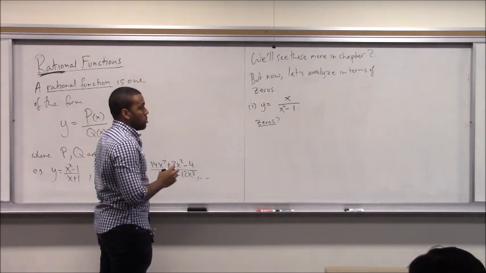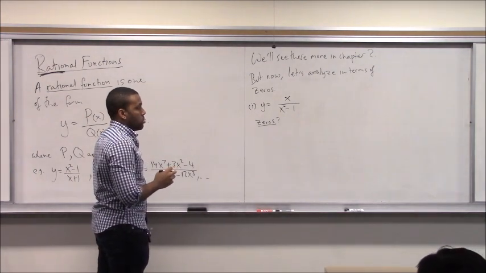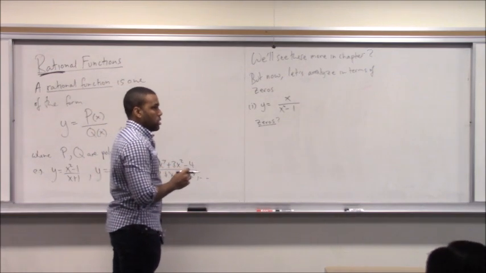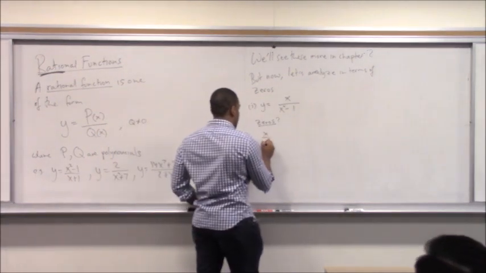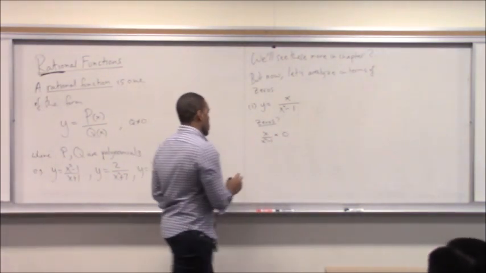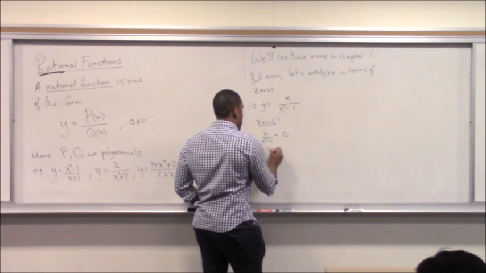How do you find the zeros of any function? You set the whole function equal to 0. It's always how you find the zeros of a function. If you do that, of course this would mean your x equals 0.